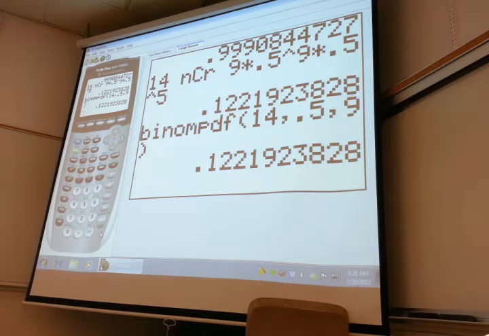So I could do binomial CDF up to 1, and it would go 0 to 1. Remember, binomial CDF always goes up to the number you put in. So if I did CDF there instead of PDF with 9, it would add up 0, 1, 2, all the way up to 9.